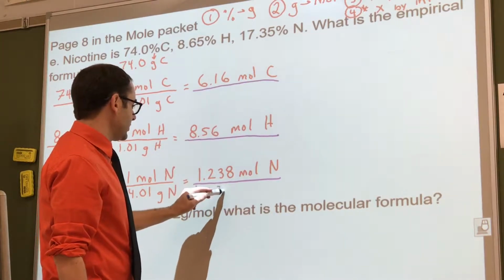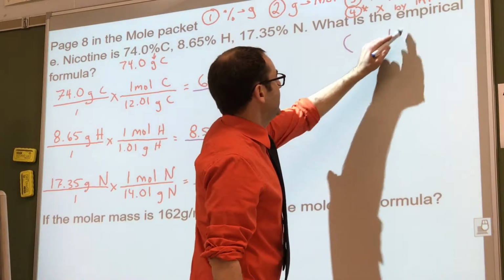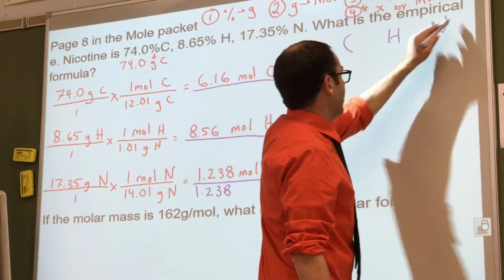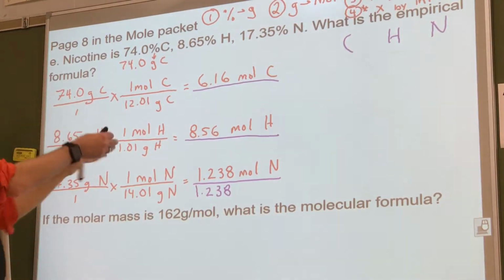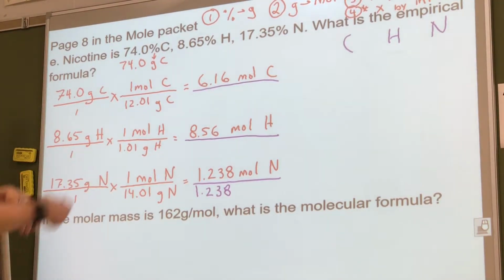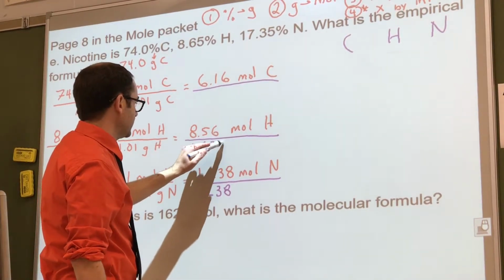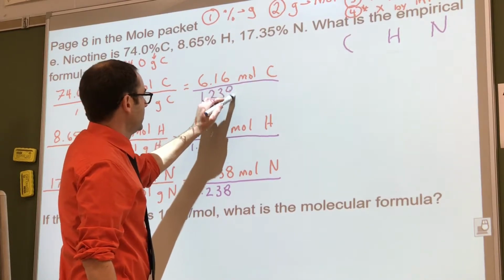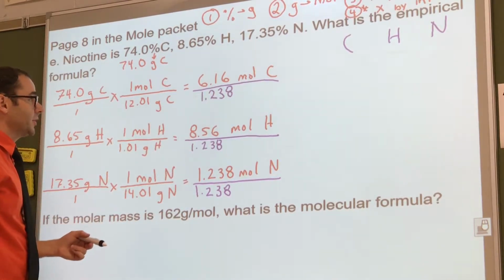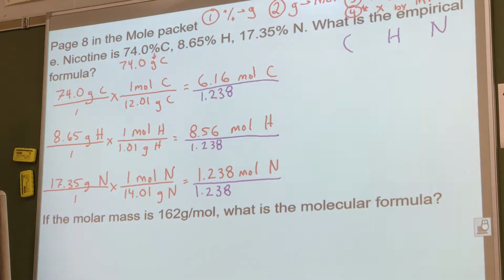You don't have to write it out like C, H, and N and put the numbers in and then divide. I'm going to put the numbers in after I do this small division, because then there's less writing. Doing these problems takes a lot of time. So this is kind of a shortcut, but you're still showing all the work because you're showing the divide by the smallest.